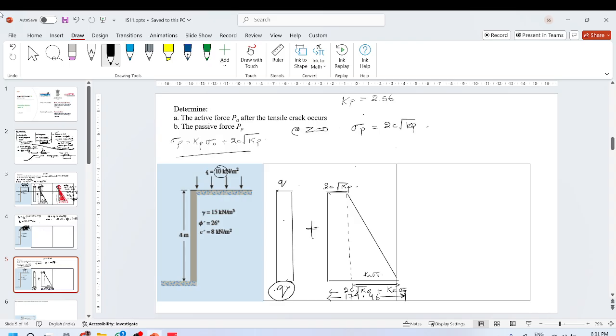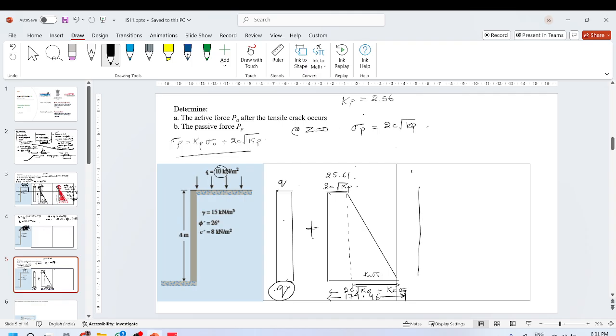One second. 2 into 8 into square root of 2.564, that is 25.61.